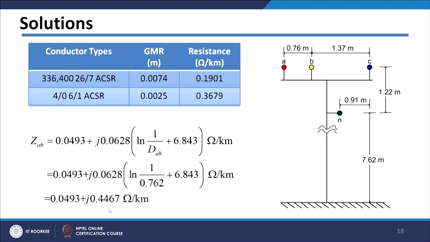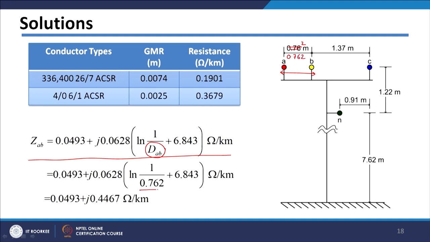Similarly, we can get the mutual impedance between the A and B conductors. For the mutual impedance between these two conductors, again we are using this mutual impedance formula given by Carson, and in this case we need the distance between the two conductors, DAB, which is 0.762 meter.